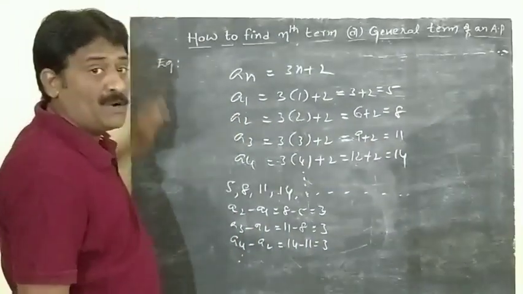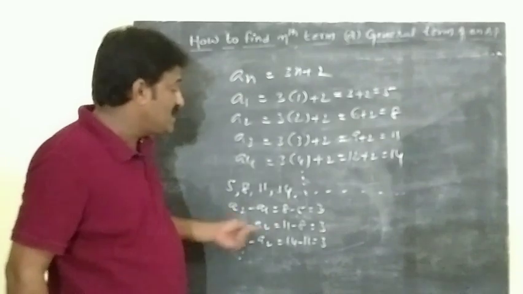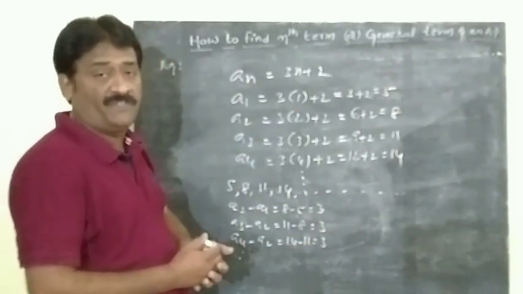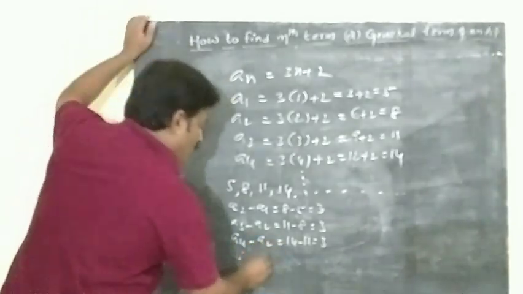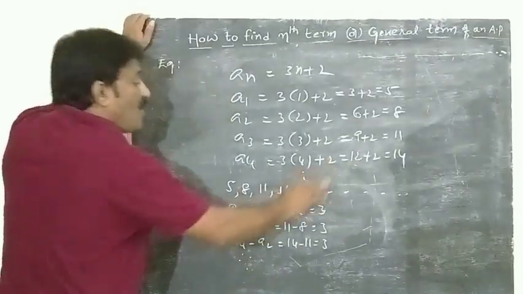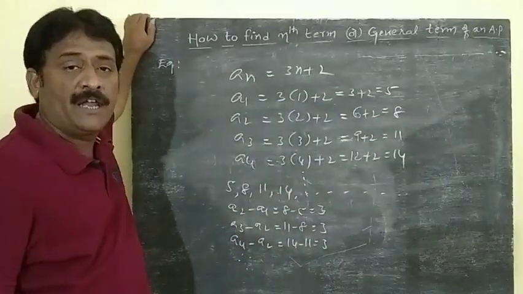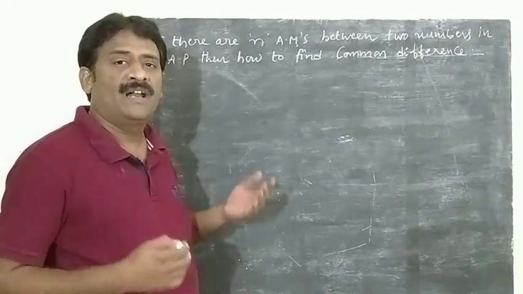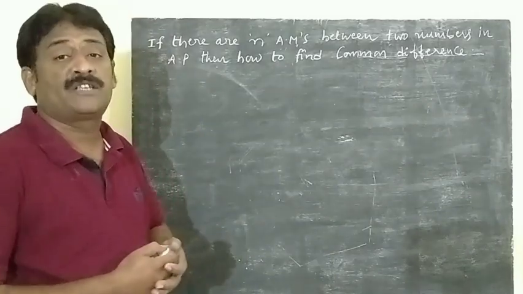Therefore, we observe that the common difference is the same between any two consecutive terms of the AP. Therefore, the list of terms represents an AP. Clear?